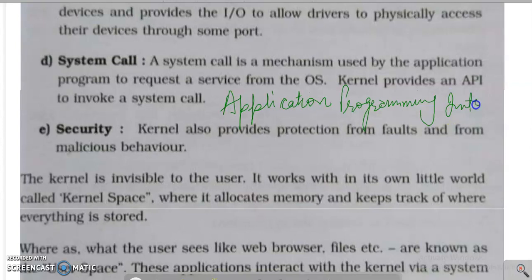So you must write down the full form of API. So kernel provides an API to invoke the system call. So application programming interface is also taken care of by the kernel.